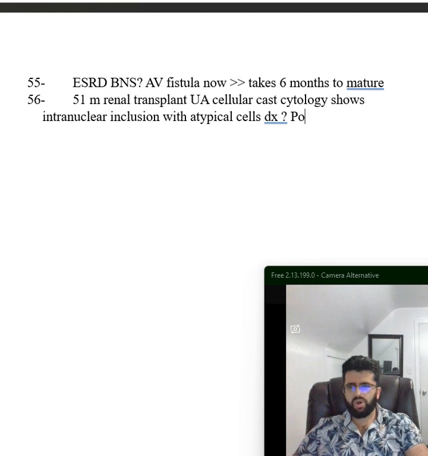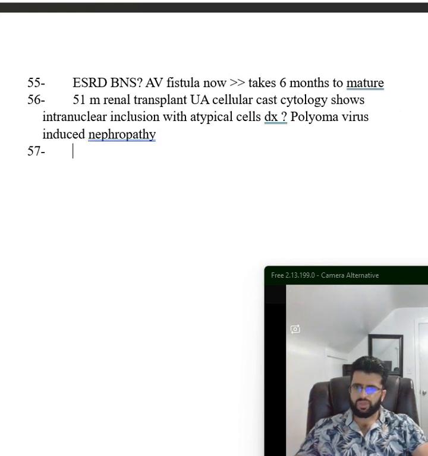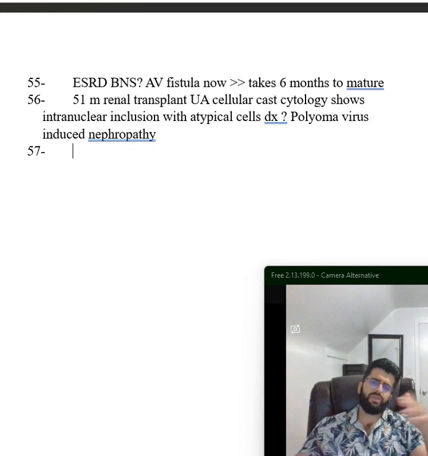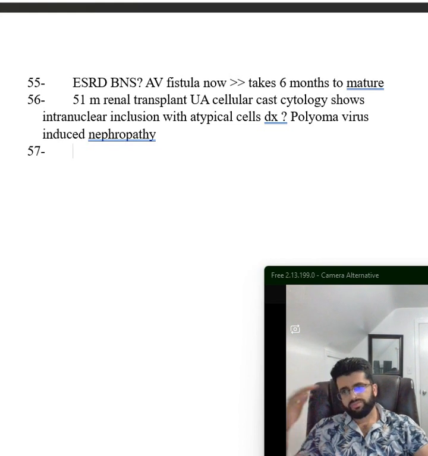This one is called polyoma virus induced nephropathy. Okay, it's called BK polyoma virus. Okay, and this is common after renal transplant and immunosuppression, and usually can cause tubular interstitial nephritis, intranuclear inclusion. Okay, so sometimes you even need biopsy to confirm the diagnosis.